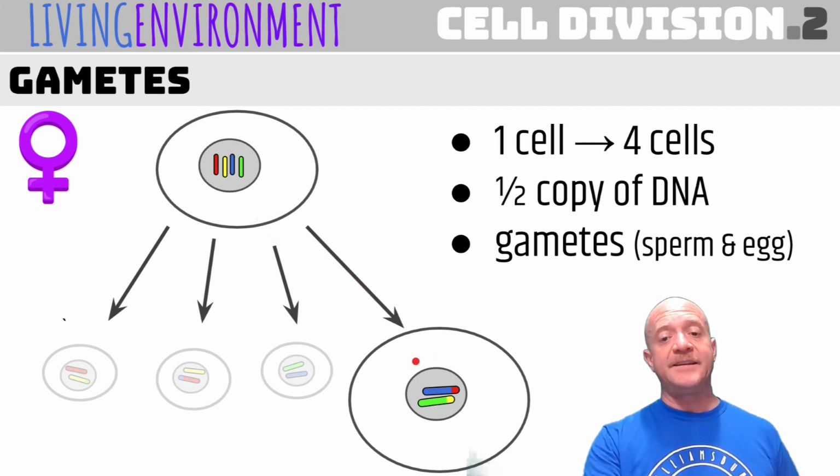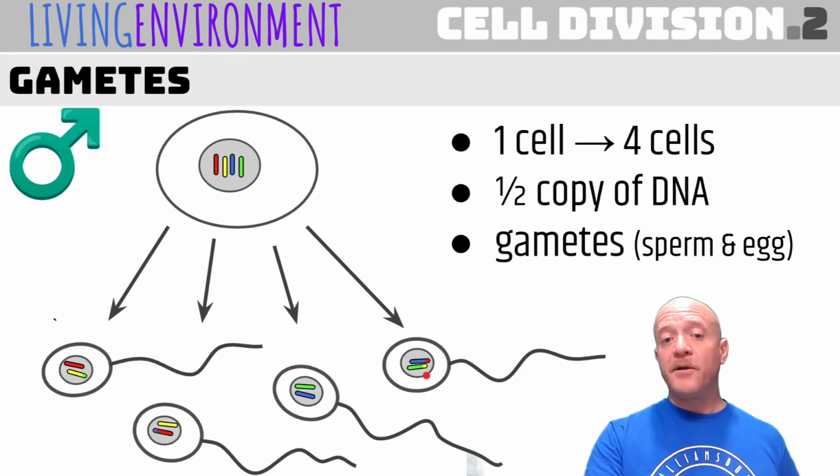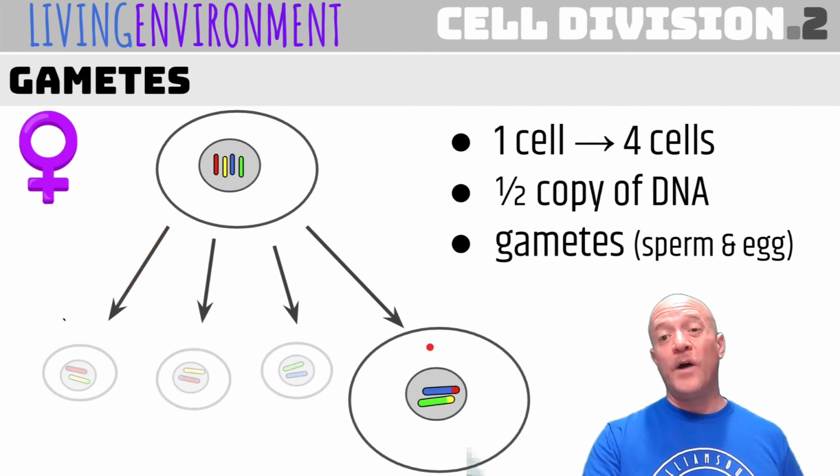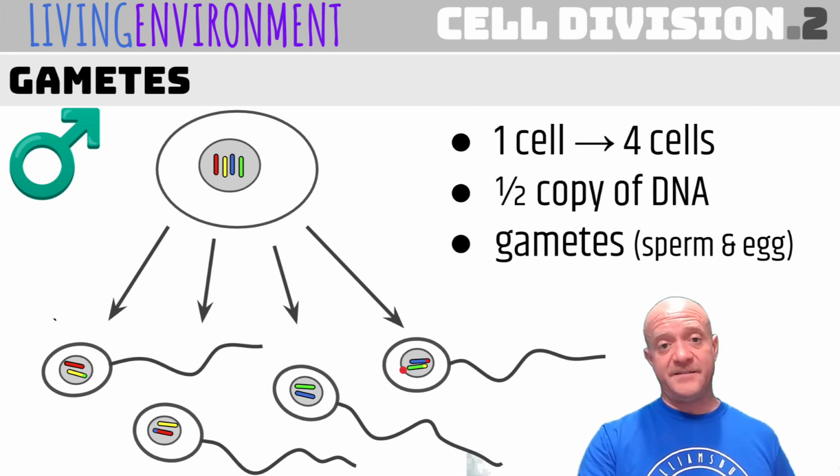And notice this egg cell has half of the chromosomes of the parent. Now in a male, for every cell division, you're getting 4 sperm cells, and each sperm cell is different. So again, in females, you're getting 1 egg, even though there are 4 daughter cells. And for males, you're getting 4 sperm cells or 4 gametes.